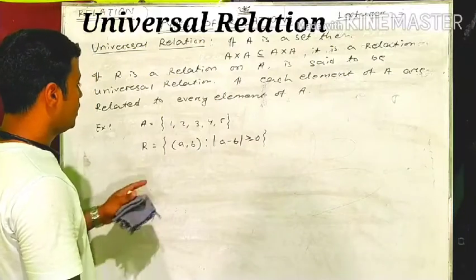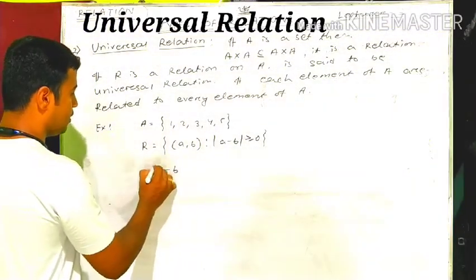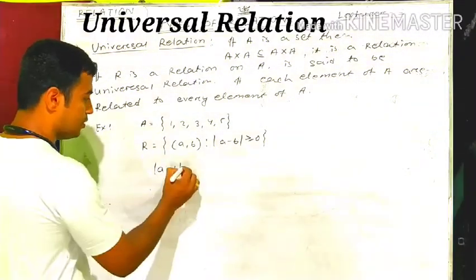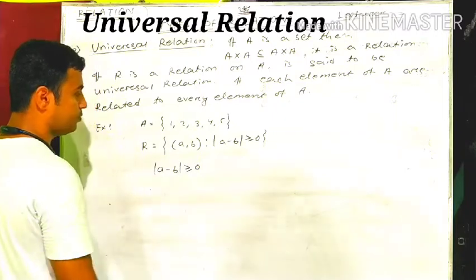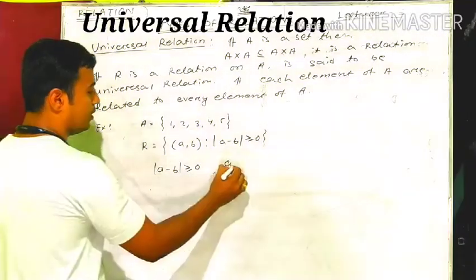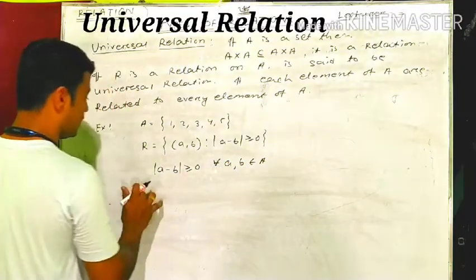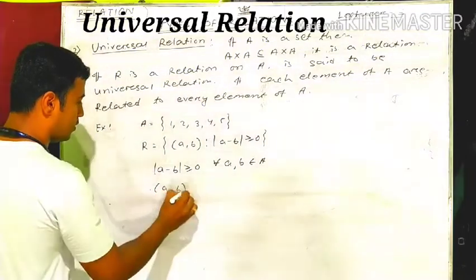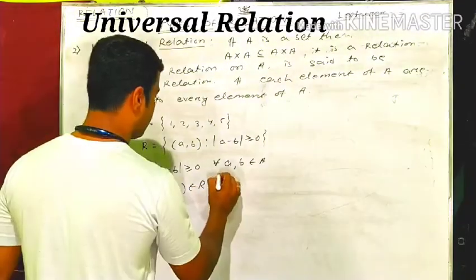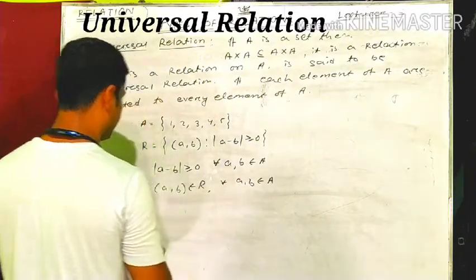Because here you observe that mod of a minus b is always a positive quantity, so it is greater than or equal to 0. So for all a, b belongs to A, (a, b) belongs to R.